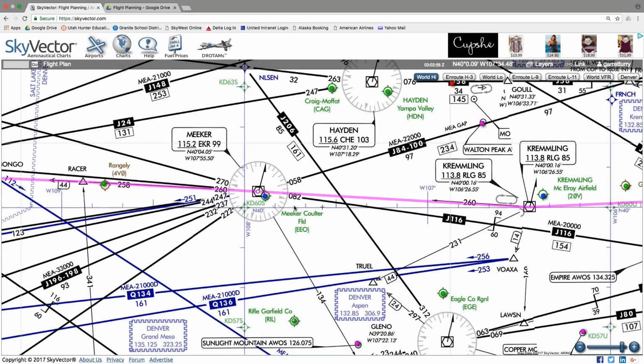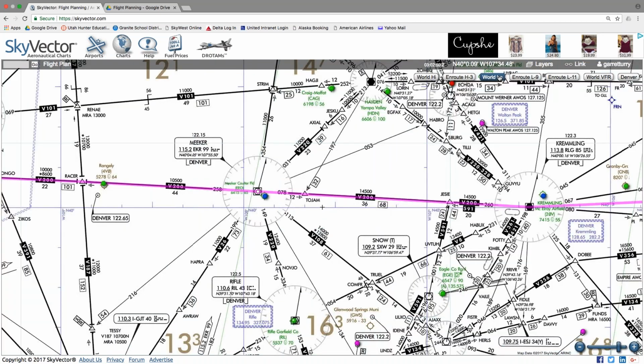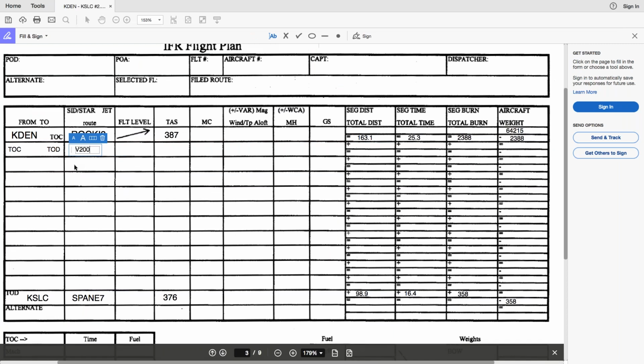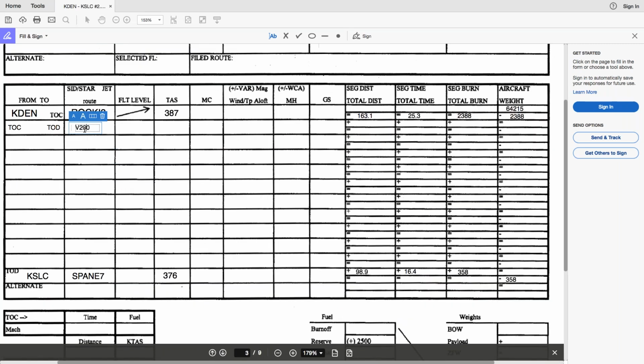It's kind of hard to follow. Oh, I just found it. If you switch to your low chart, see what airway we're on? The Victor route, Victor 200. So that's what we'll put here. Oh no, you said the wrong box.